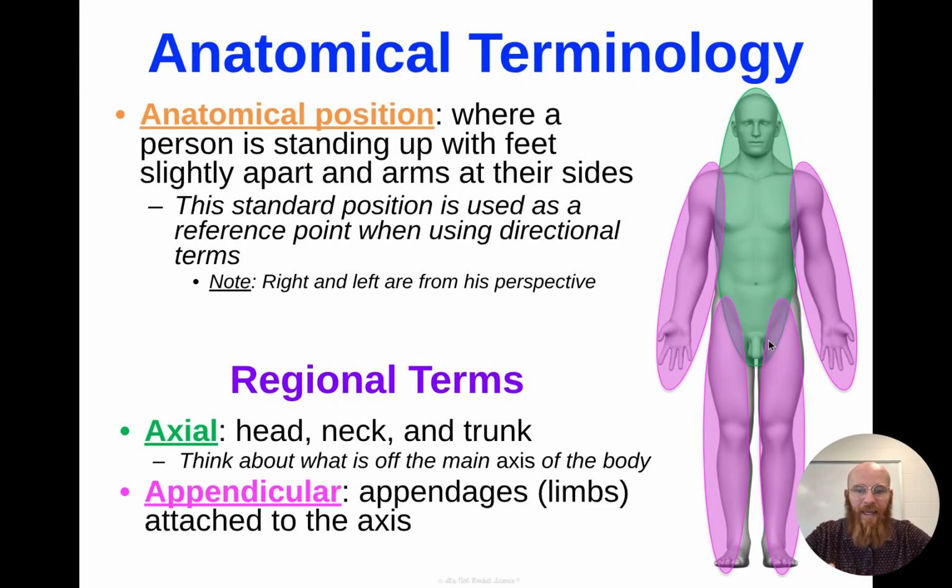And then the other general region would be our appendicular. This is where we have our appendages, like your limbs, your arms, and your legs that are attached to that axis or axial region. So again, axial is head, neck, and trunk. Appendicular refers to everything from the shoulder down or from the hip down.